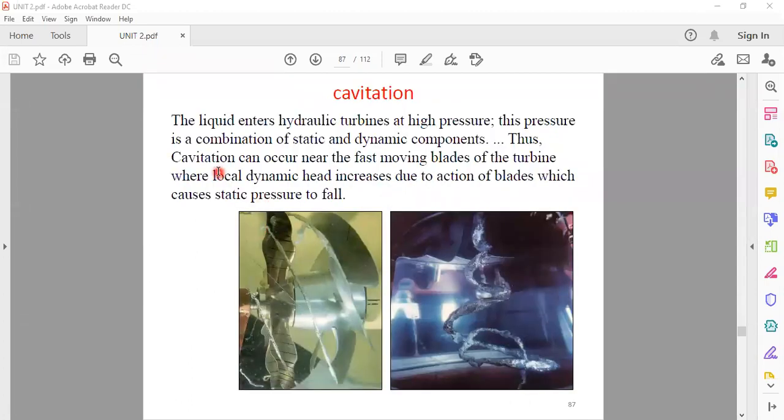Now cavitation. The liquid enters the hydraulic turbine at high pressure. This pressure is a combination of static and dynamic components. Thus cavitation can occur near the fast moving blade of the turbine, where the local dynamic head increases due to the action of the blade, which causes the static pressure to fall.